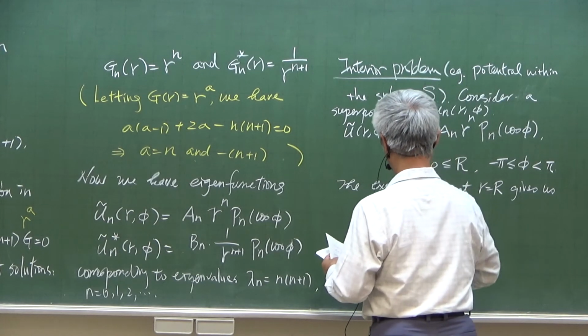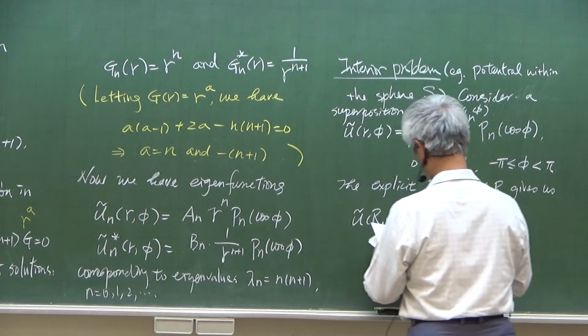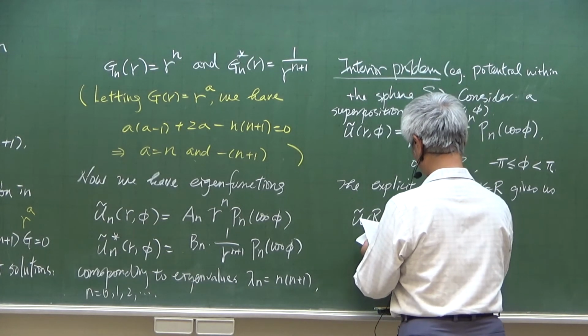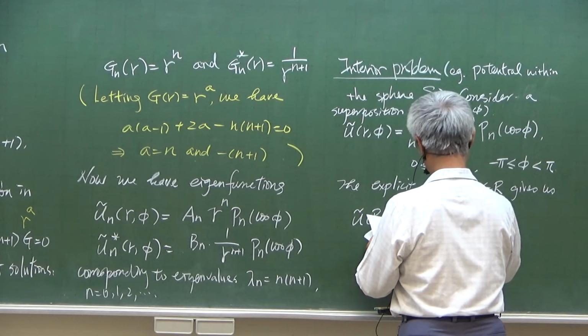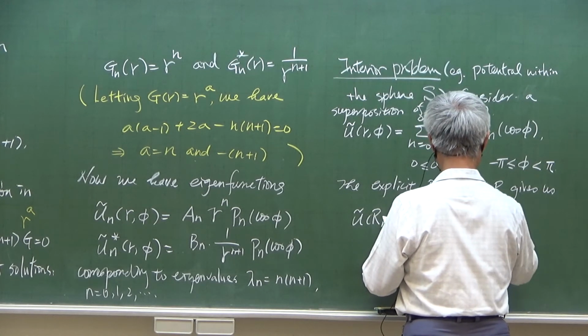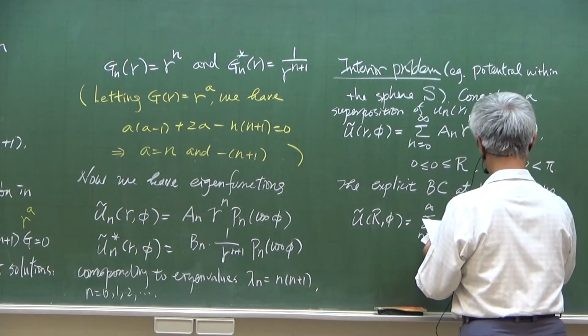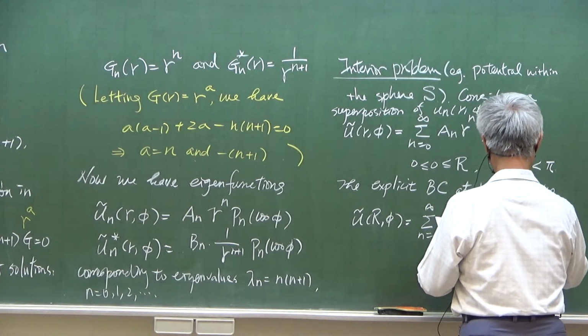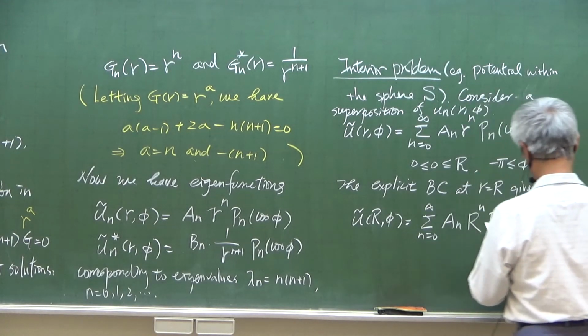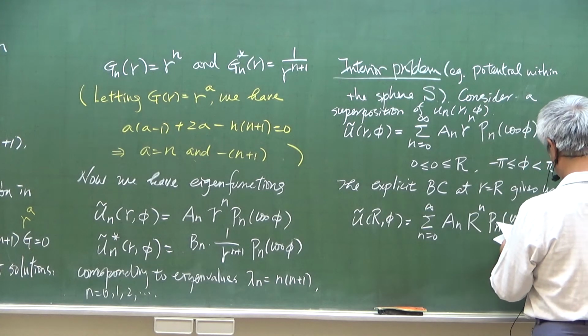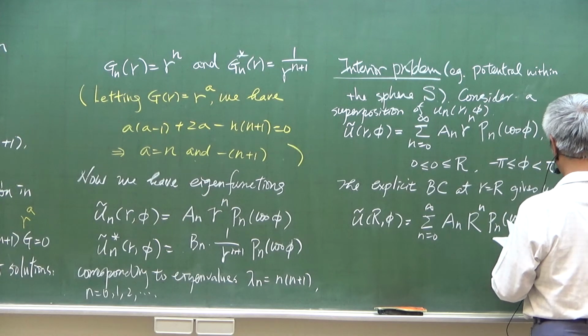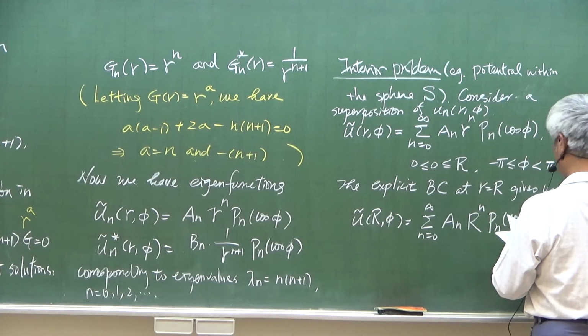So summation n from 0 to infinity an R to the n cosine phi equal to F of phi.